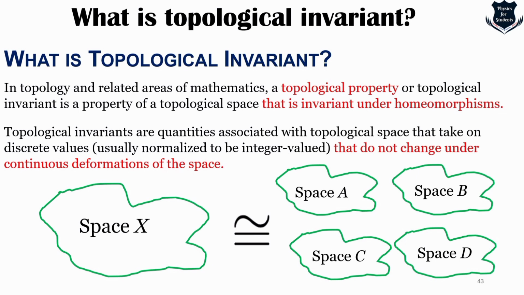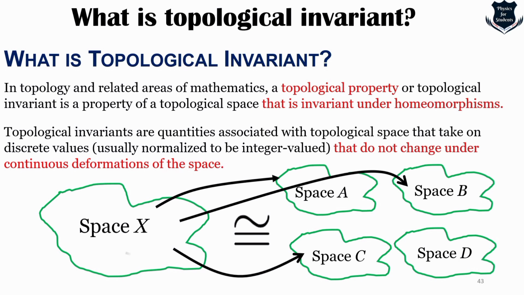Okay, let me give you a further example. If this space X on the left-hand side has a property, then every space which is homeomorphic to it will have the same property. So this property gets transferred here. If this is also there, it will go here. If it is here, then it will go to here.